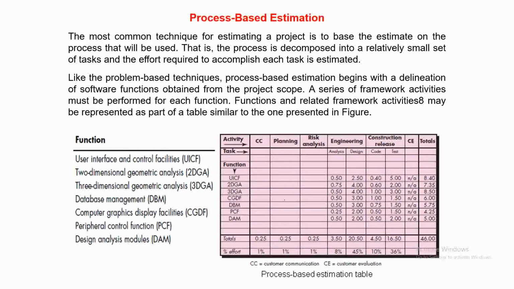Say this is a sample table. Here we have functions. Function means what you are going to do in your software development process. So first you are going to design a user interface and control facility, then some kind of geometric analysis, then a third kind of geometric analysis. Basically these are the various activities for the development of software, say CAD/CAM software.